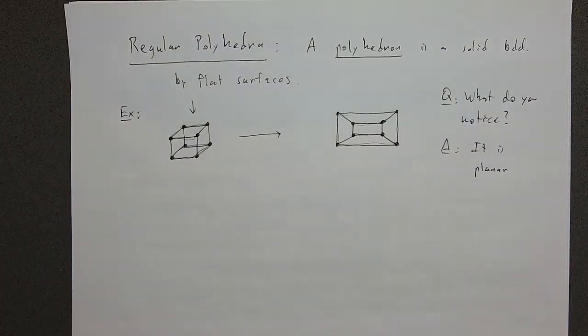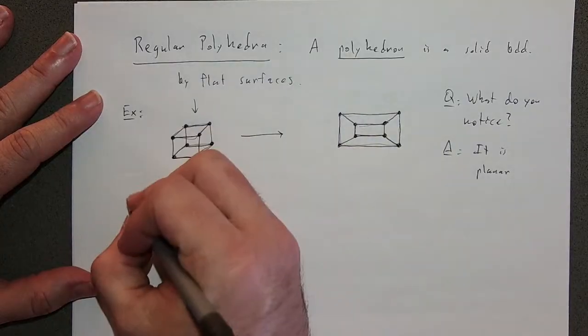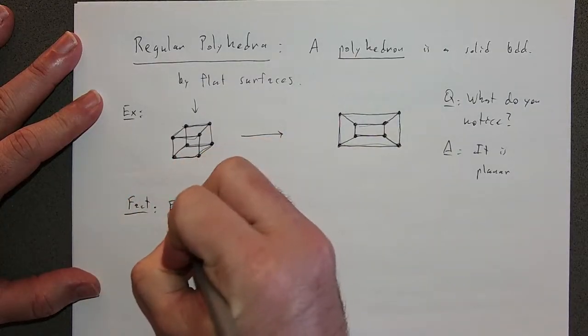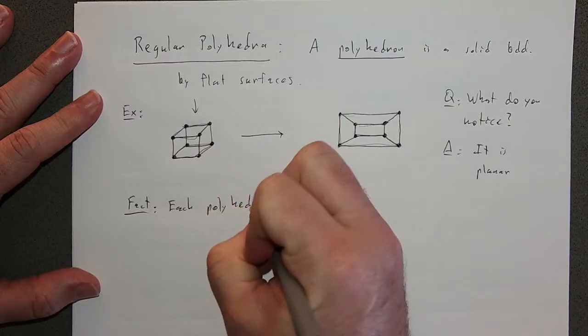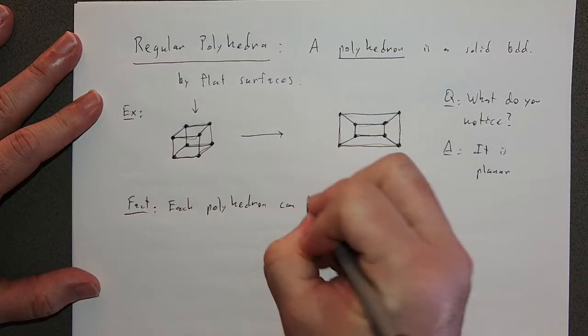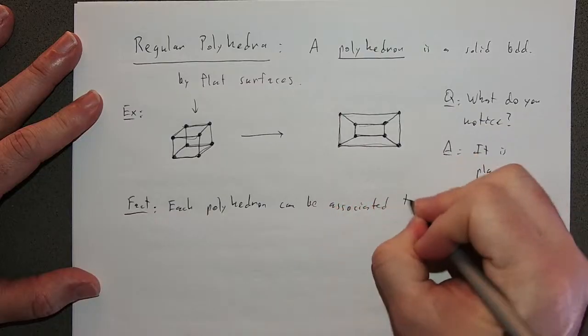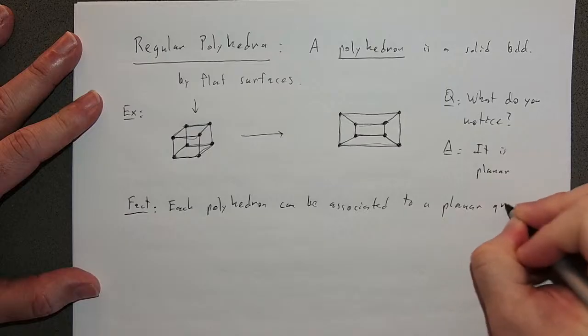Can I do that for a polyhedron period? The answer is yes. So in fact, each polyhedron can be associated to a planar graph in this way.